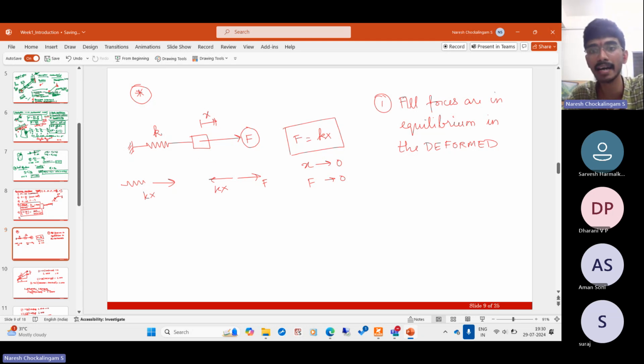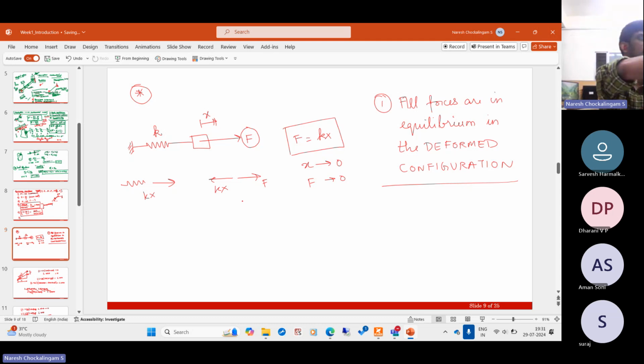Forces always act in the deformed configuration. So the equilibrium has to be established in the deformed configuration. This is a very important fundamental idea in nonlinear mechanics. It is also fundamental in linear mechanics, but in linear mechanics, whether you consider the deformed or undeformed configuration doesn't make a big difference.